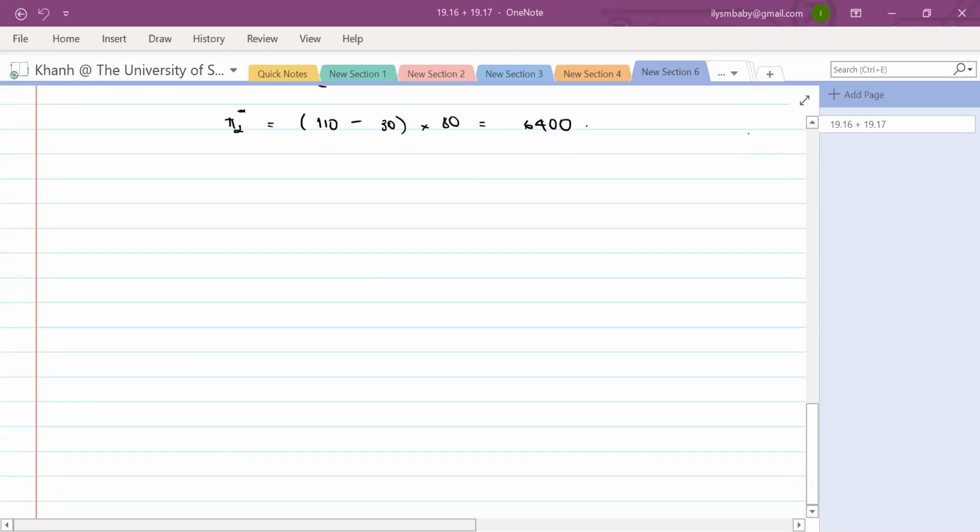Okay, so 19.17 is asking you to calculate the profit maximizing output, assuming that firms are producing equal quantity under the cartel agreement, and the increase in the profits compared to the case where there is no cartel.